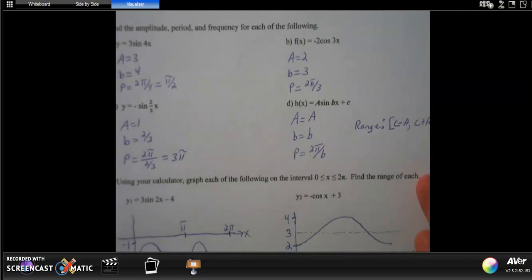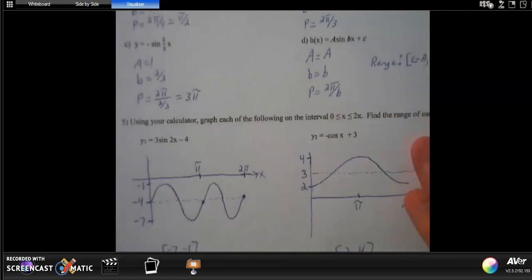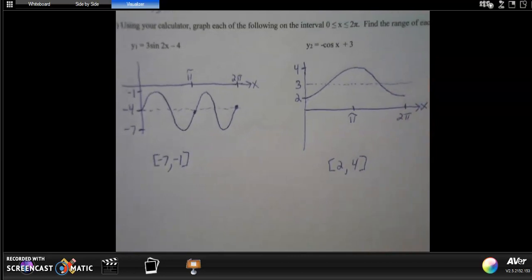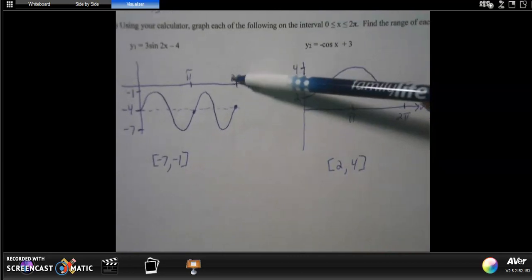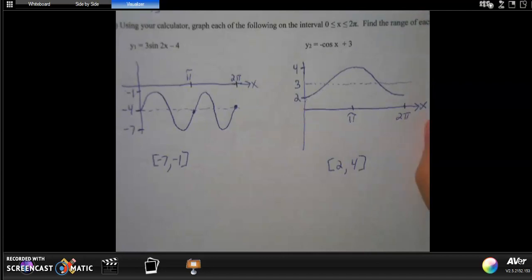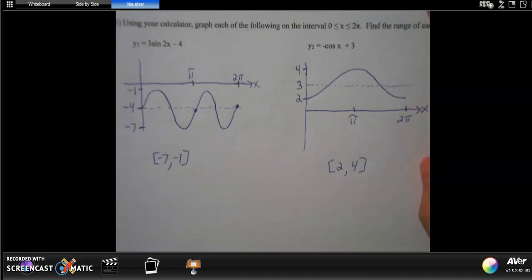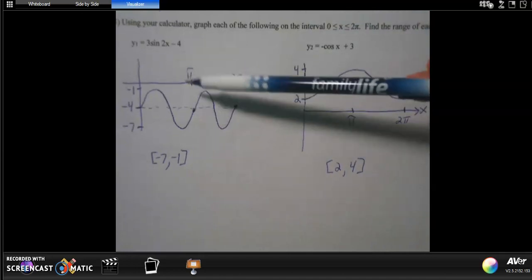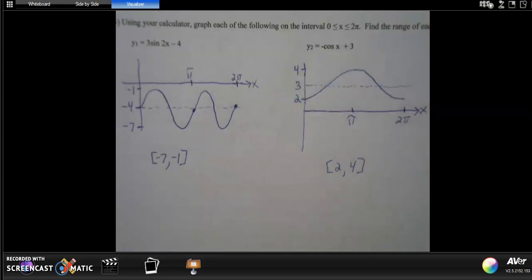And then number 5 is just graphing the two functions I have, so you can look at those. When you sketch a graph of trig functions, you should always label something on your x-axis, or theta axis, representing your angle. I'm just showing going from 0 to 2 pi, so I put the pi and 2 pi in there.